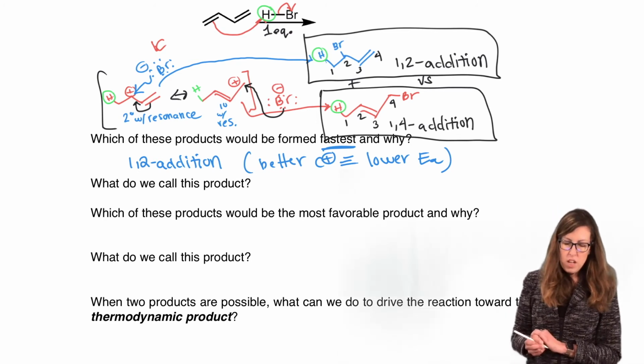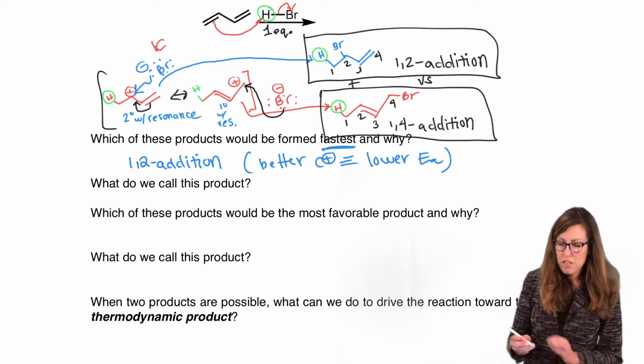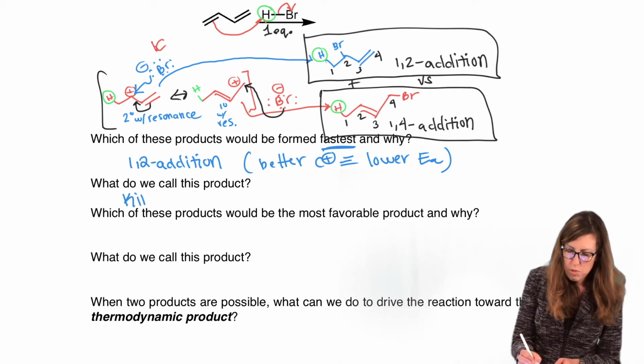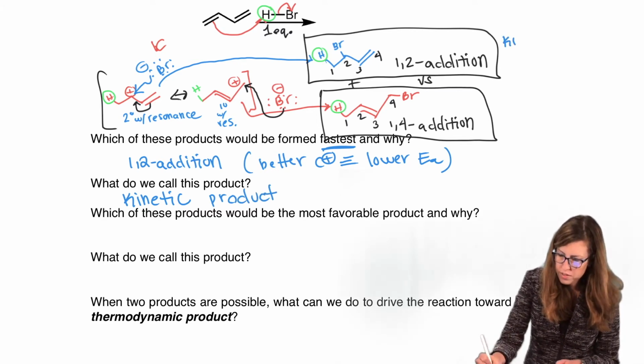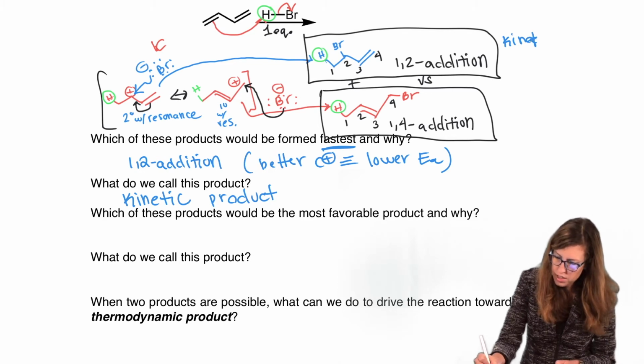So we're going to call that product, because it's faster and easier to form, the kinetic product. It's the fastest one. Doing it in blue. So this is our kinetic product. Kinetic, so it matches the color.